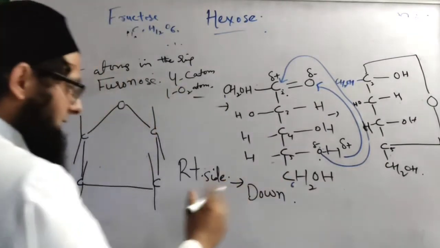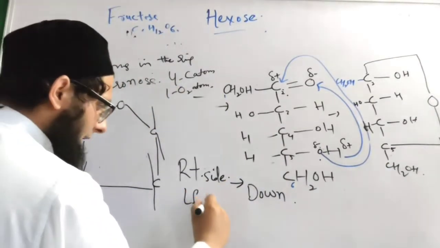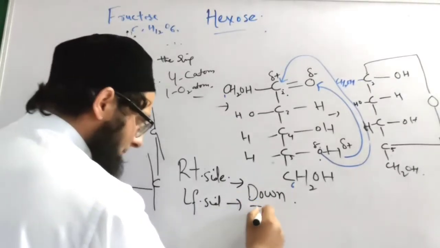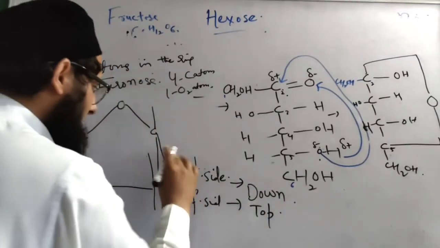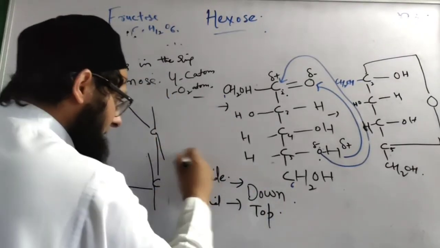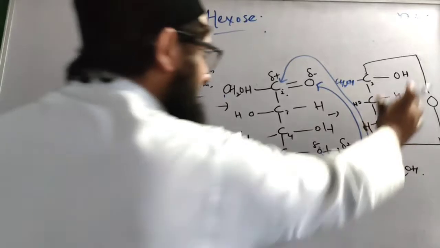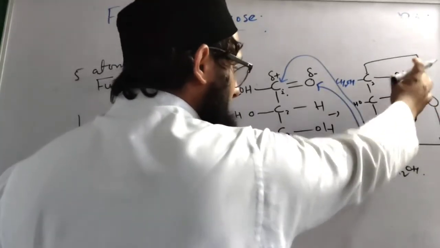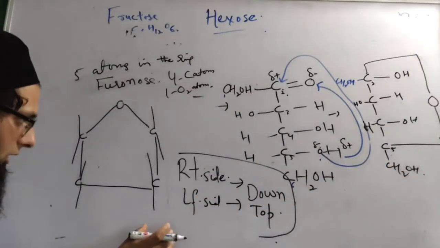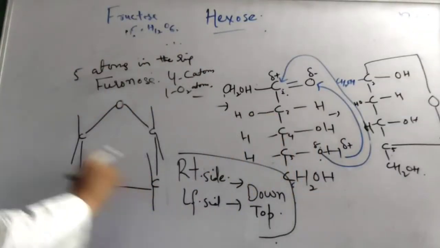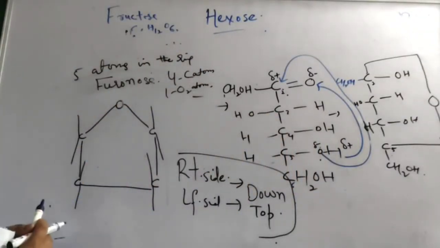Right side down, left side top. This point is very important. You need to remember this point. That means those atoms on the right side we will write downwards, and those on the left side have to be placed on the top. Okay, let's do it.